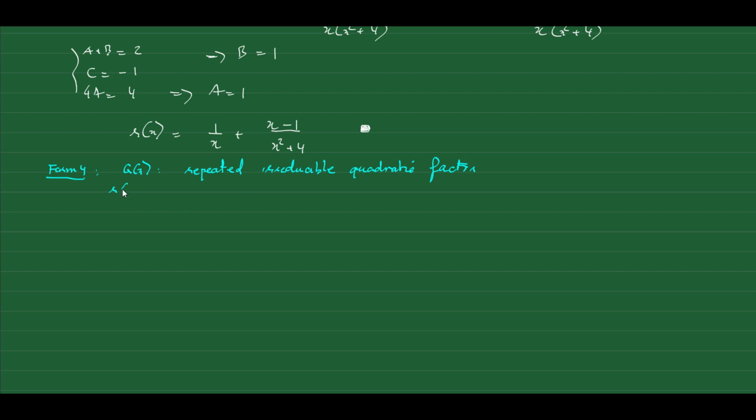So you're gonna have r of x here, and then p of x over q of x. And then because it's repeated, you can have a1x plus b1 over ax squared plus bx plus c.